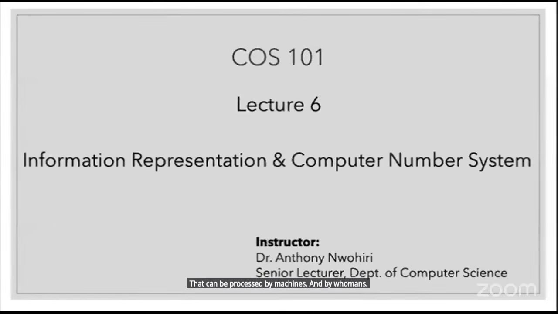There are different types of information, and since there are different types, each requires different ways of processing. The different types can be text, numbers, images, etc. Each of them requires a specific method of representing them.